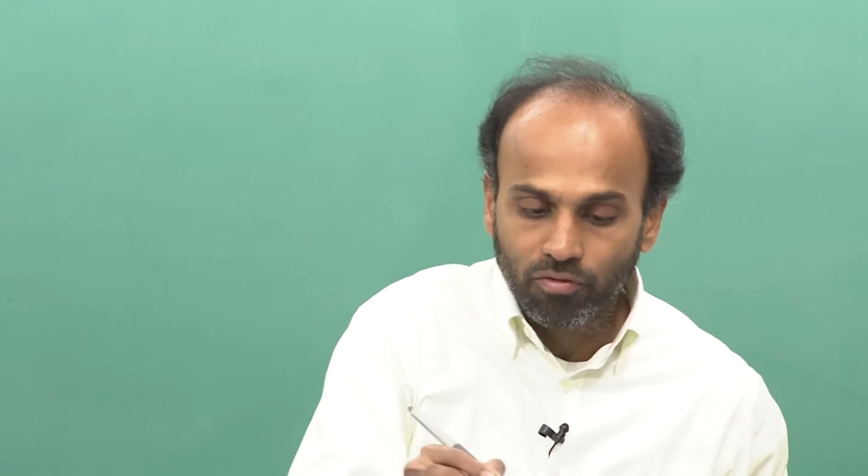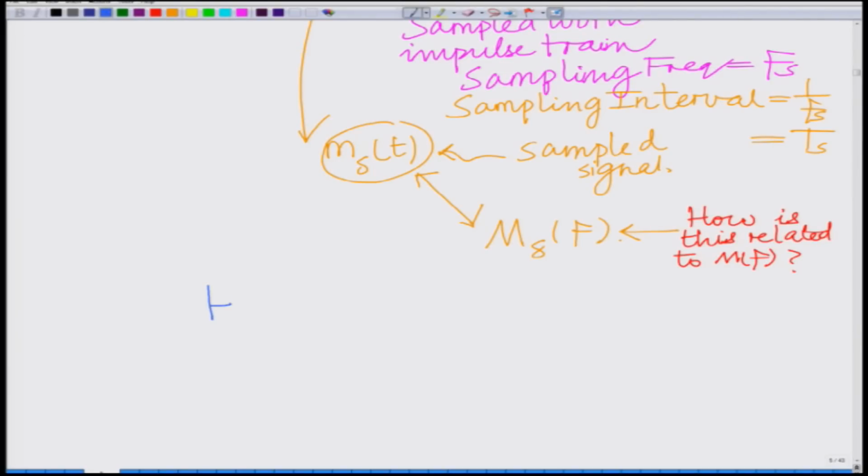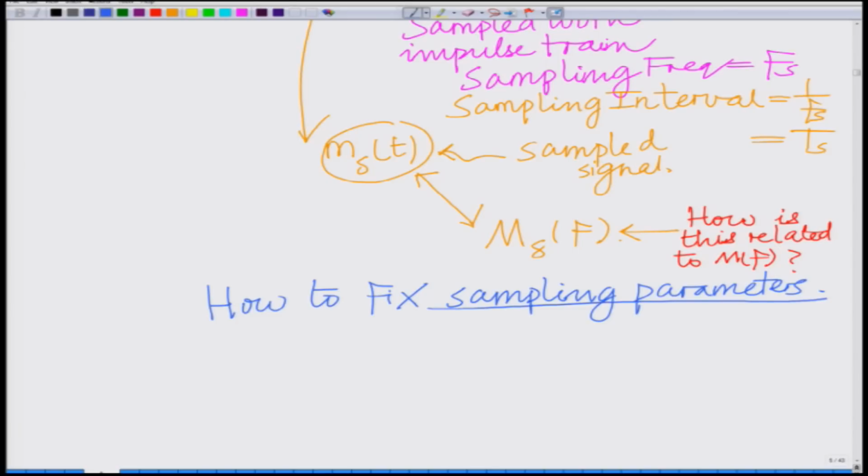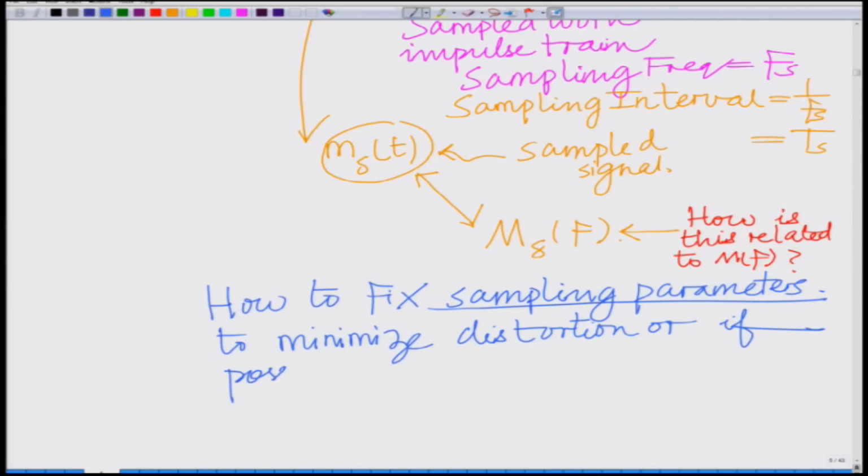So, the question we want to answer is how to fix the sampling parameters to minimize or, if possible, avoid distortion.